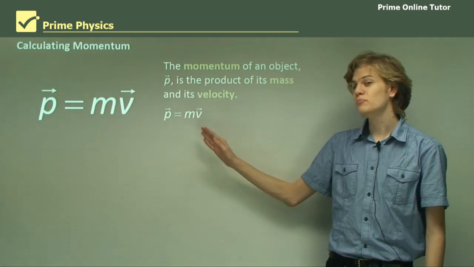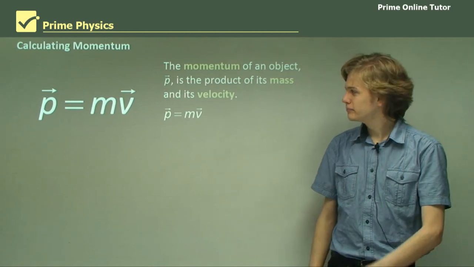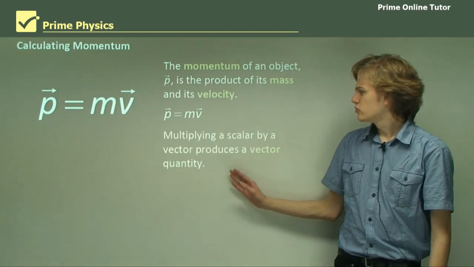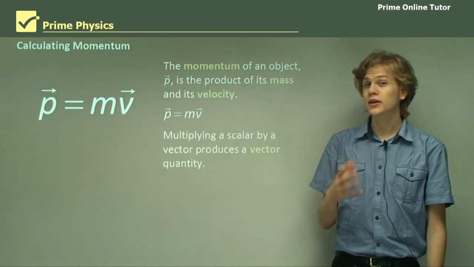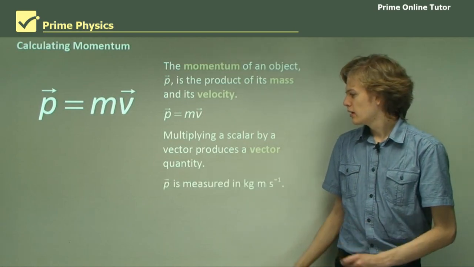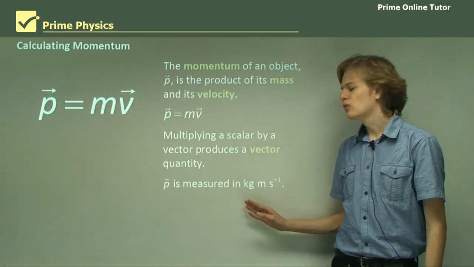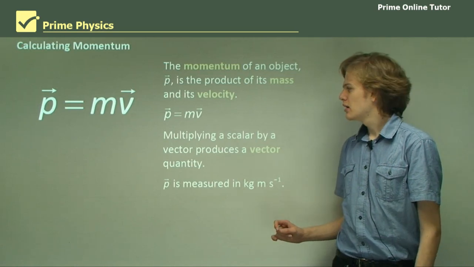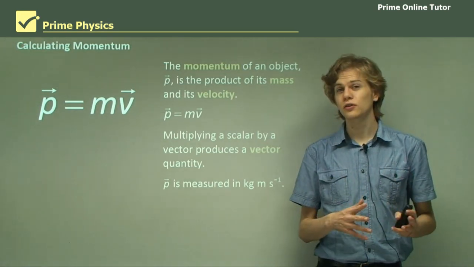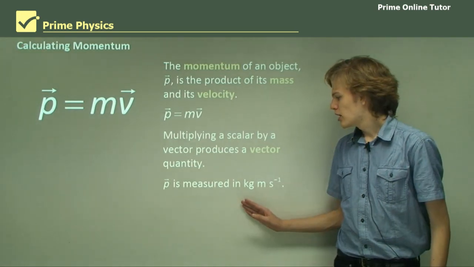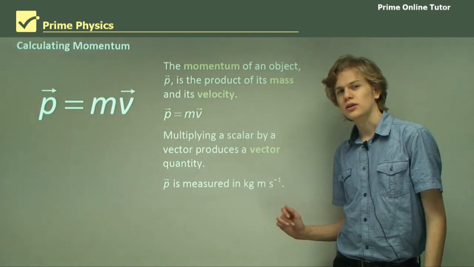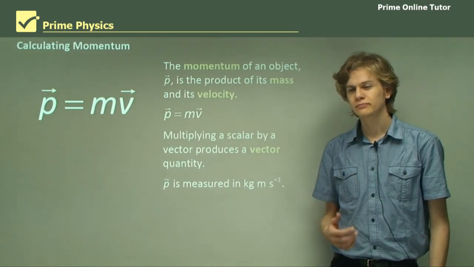It's going to be the units of mass times the units of velocity. So multiplying a scalar by a vector produces a vector quantity, and so P is going to be measured in kilogram meters per second, and it's going to be in the same direction as the velocity. Kilogram is our units for mass, and meters per second are our units for velocity.